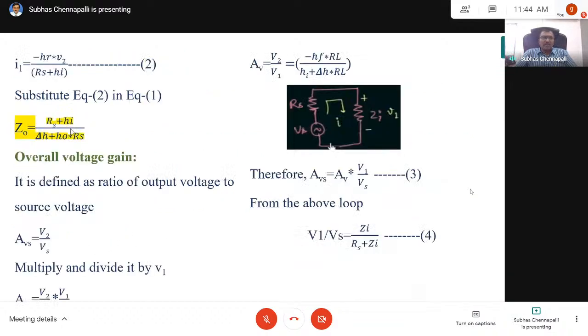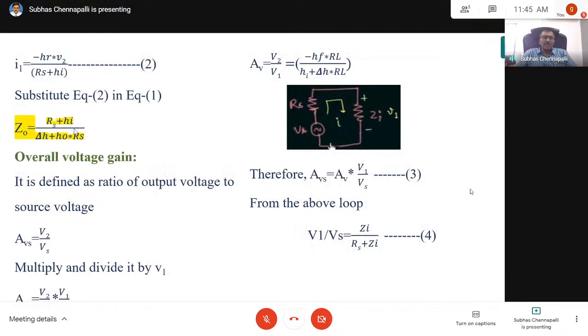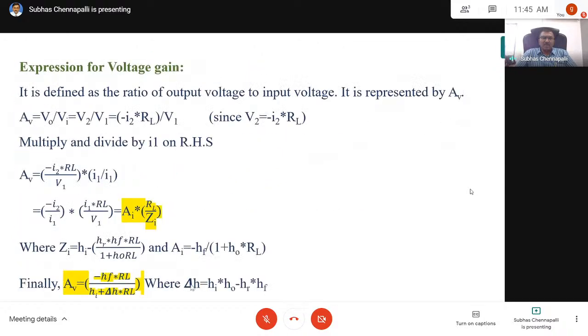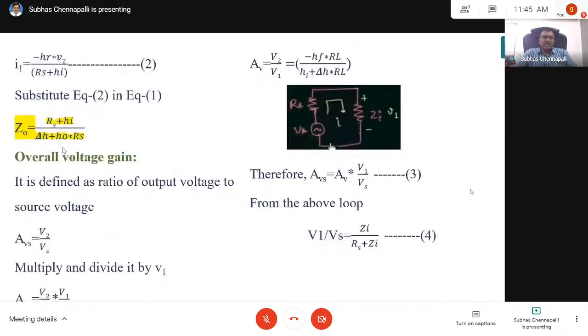That is the case. So I1 becomes minus hr V2 by RS plus hi. Substitute this in equation 1, and you get RS plus hi. Then delta h, the parameter, simplification we have done like this, then plus ho times RS. This is the output impedance.